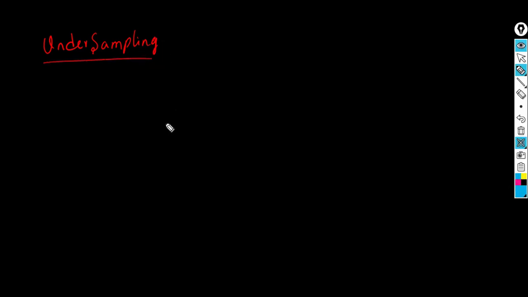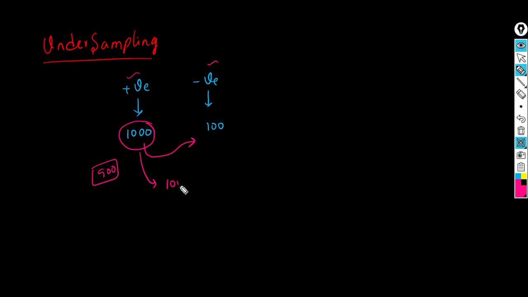In undersampling, let's go with some data. Let's consider for the positive class we have 1,000 points, and for the negative class we have only 100 points. In the undersampling approach, this one is the majority class, and this is the minority class. We reduce the number of points in the majority class to the number of points in the minority class. Here, out of 1,000 points, we will remove 900 points, so we only get 100 points, and here also we have 100 points.